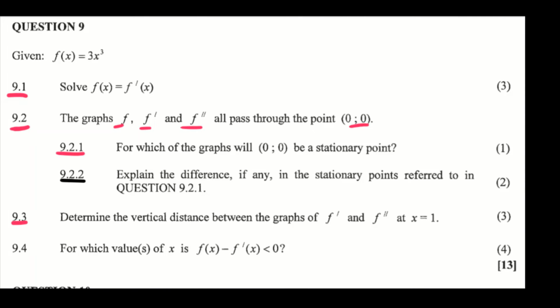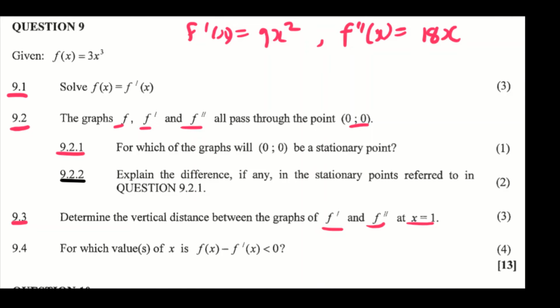And 9.3, determine the vertical distance between the graph of f prime and f prime prime at x equals 1. So f prime is equal to 9x squared, and f prime prime is equal to 18x, right? So the distance is equal to the difference of these.